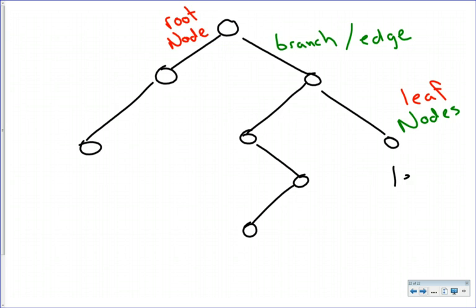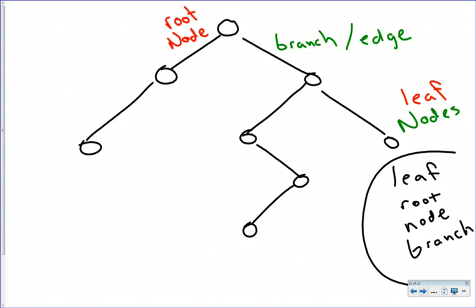So that we're going to have these words leaf, root, node, of course, branch. Okay, so those are some of the terms you're going to hear me say in this unit. As well, the neat thing about trees is they kind of maintain the same properties all the way through the tree.